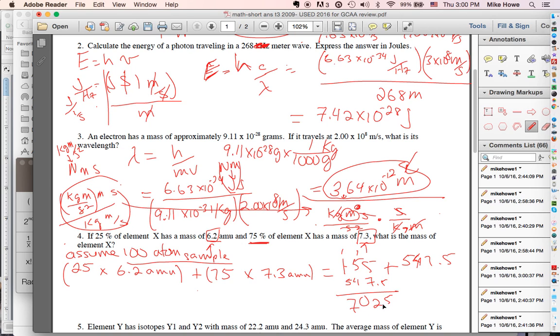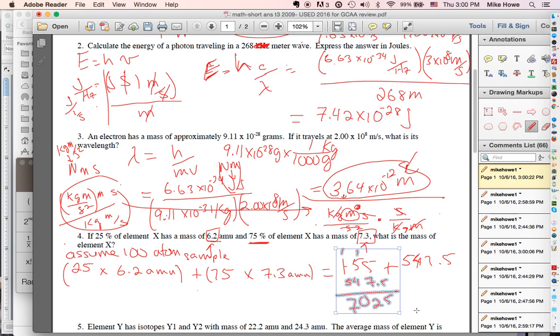So I divide by 100. Divide by 100 means it's going to end up being 7.025, or 7.0 if I pay attention to significant figures, because that is accurate to the tenths place. So 7.0 would be my average weight.